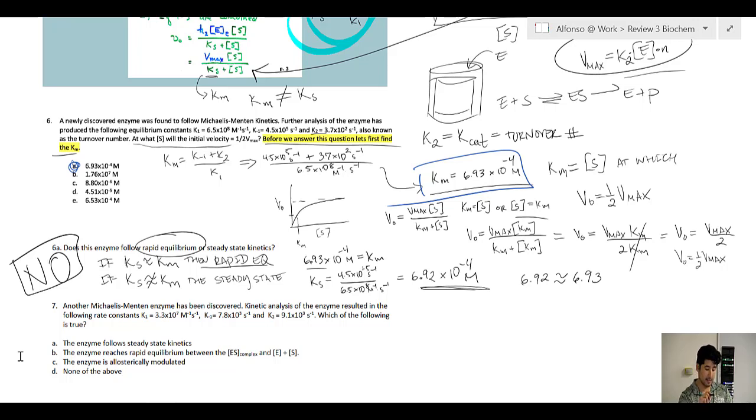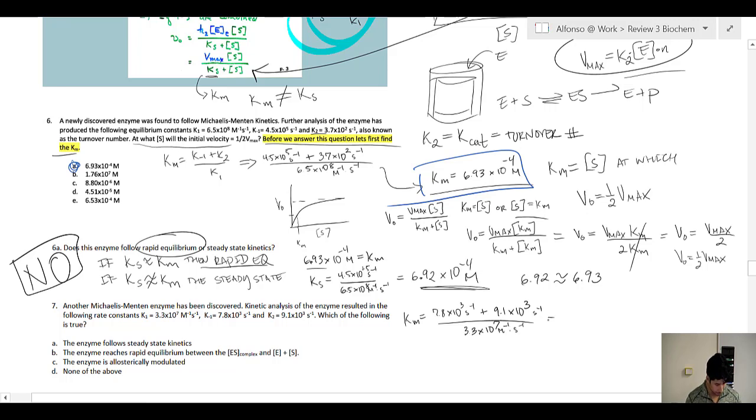Let's calculate Km first. That way we can find out whether or not it follows rapid equilibrium or steady state. So Km is equal to K sub minus 1, which is 7.8 times 10 to the third inverse seconds, plus the turnover number, which is 9.1 times 10 to the third inverse seconds, over K1, which is 3.3 times 10 to the 7th inverse molar inverse seconds.